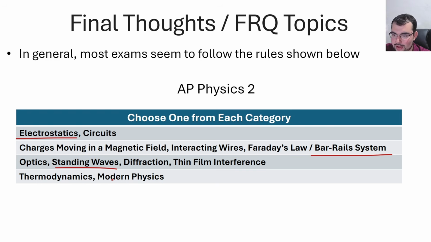And then, do I want to pick against thermo? Modern is such a small part of the curriculum. I can't really imagine they do a lot with modern. So I feel like I have to say there will be a thermo question. If I were to guess, last year was about PV diagrams and stuff, so this year it's probably about more of the other stuff.